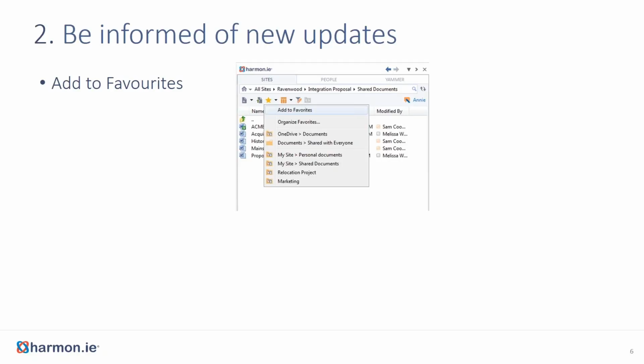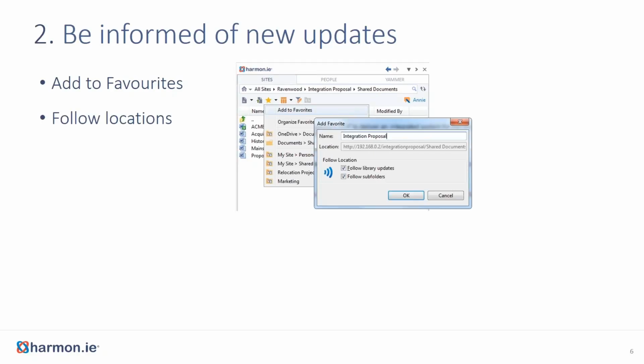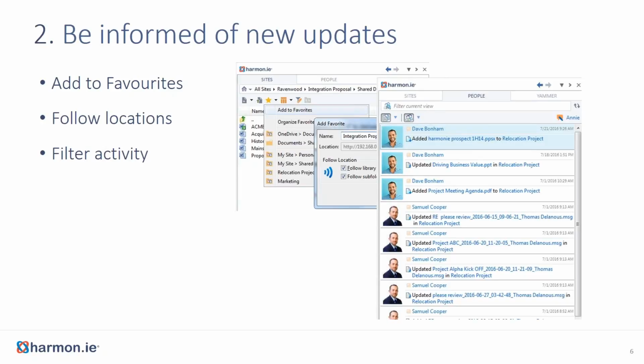So how can you be informed of new updates on content that you're interested in being notified about? Harmony has a favorites mechanism where you can mark any library or any view or any filtered view in a SharePoint library as a favorite location. Harmony can also suggest favorite locations if you browse to a library or a view multiple times.